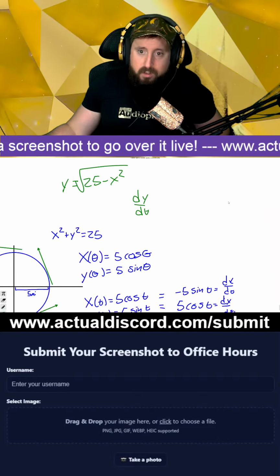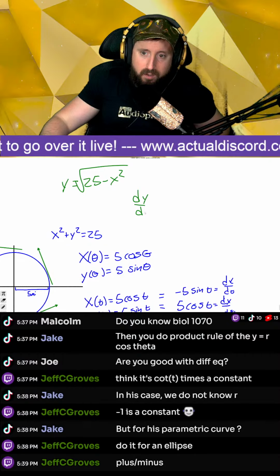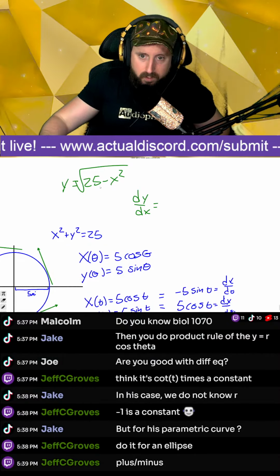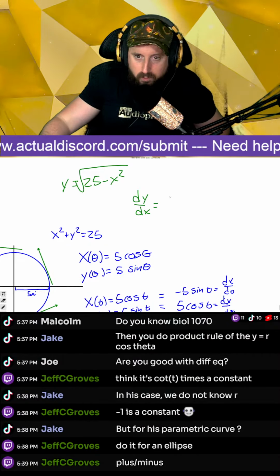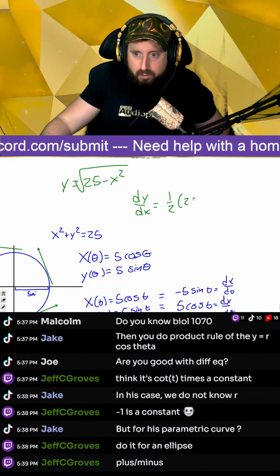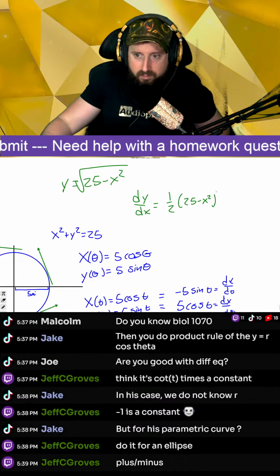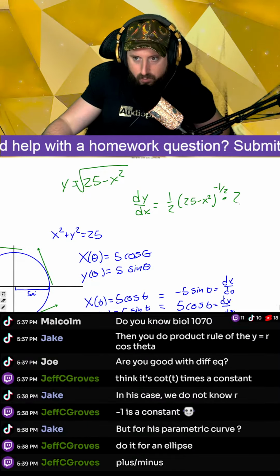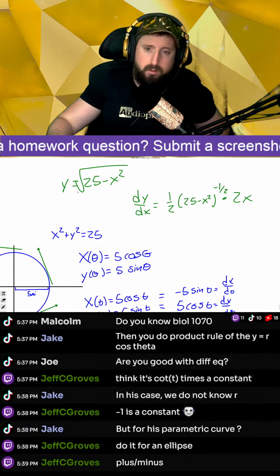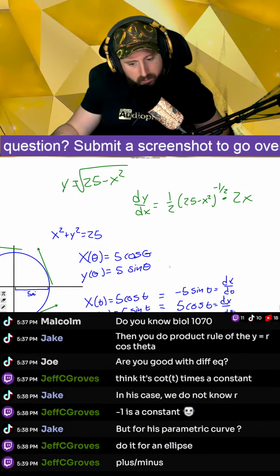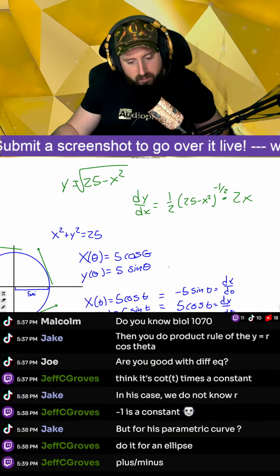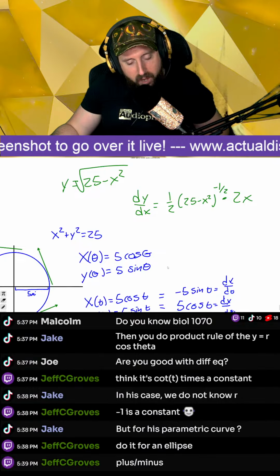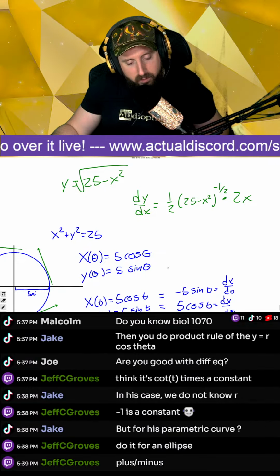I'm just curious. So dy dx would be equal to, from the chain rule, 1/2 times (25 minus x squared) to the minus 1/2 times 2x. Do you understand how I got from here to here? I forget how much calculus you know.